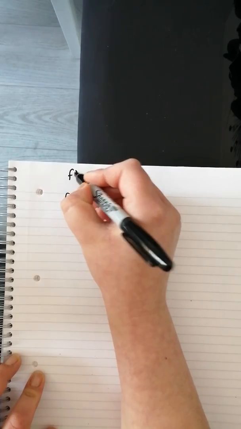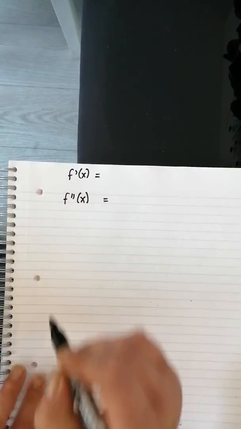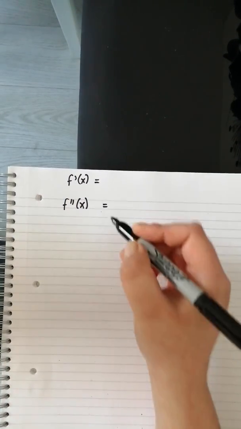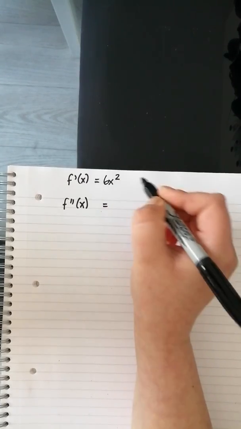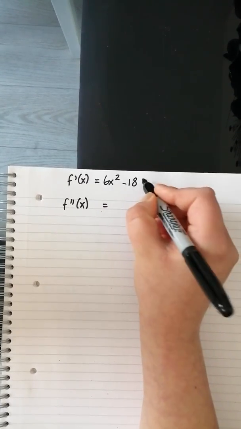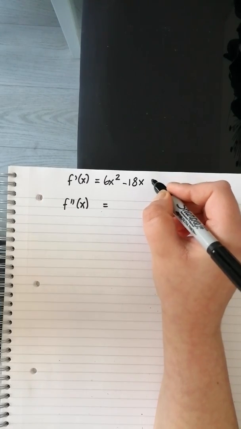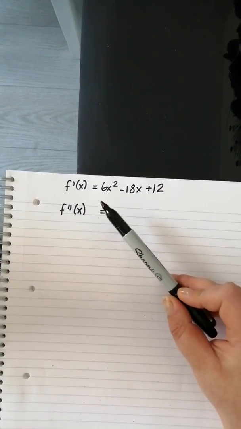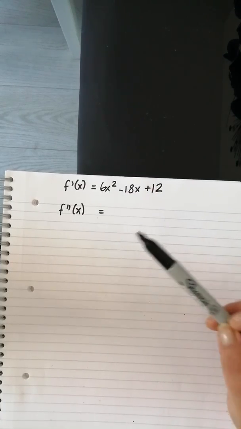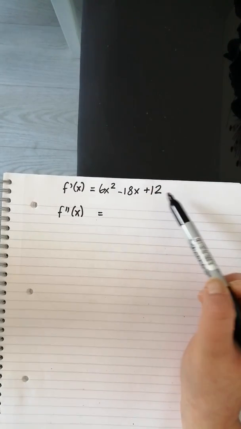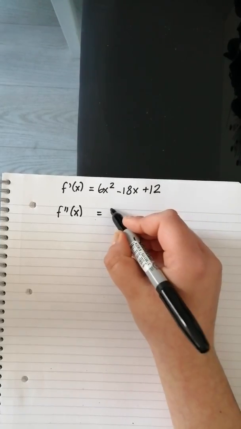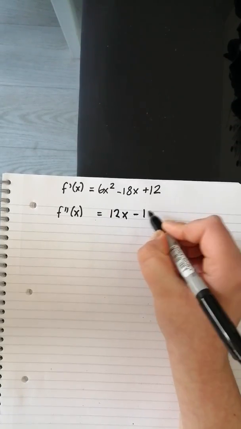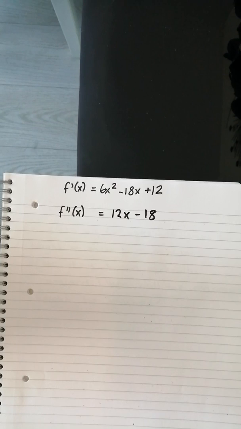Remember that f prime of x, the derivative of f of x, was 6x squared minus 18x plus 12. To find the second derivative, we differentiate the first derivative. So now differentiate this function, and we get 12x minus 18. That's our f double prime of x, our second derivative.